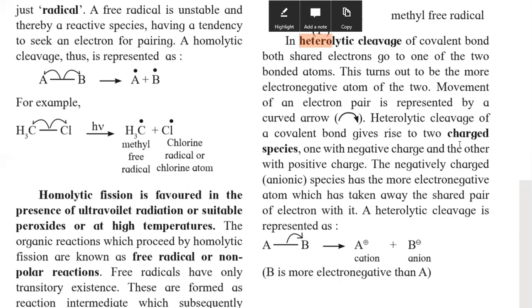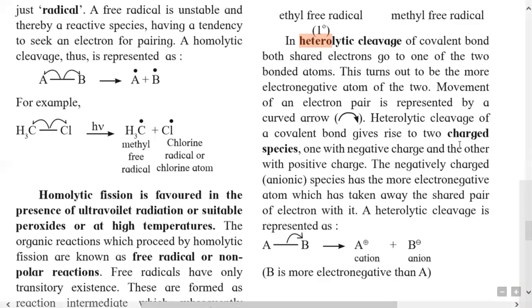If the bond is present between two different atoms, the breaking of this bond is called heterolytic cleavage. In homolytic cleavage, we studied the breaking of a bond between similar types of atoms; here it is different types of atoms, that is the main difference.